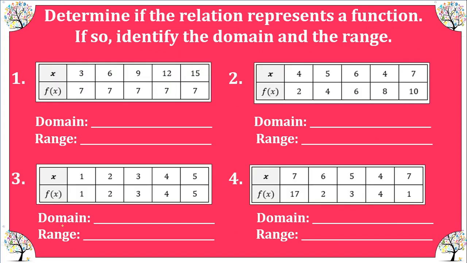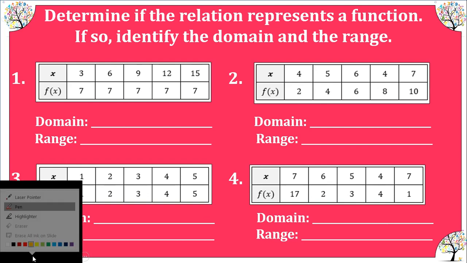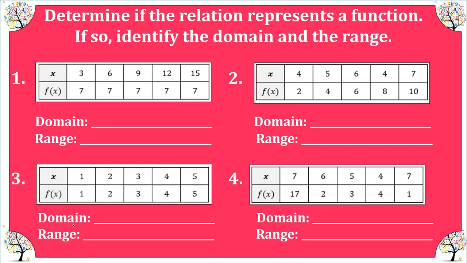Okay, now let's talk about, again, domain and range and if it's a function or not. So I am going to get a darker color. So I look at my x values, none of them are repeating, so this is a function. My domain, I'm going to list each x value because that's your domain.